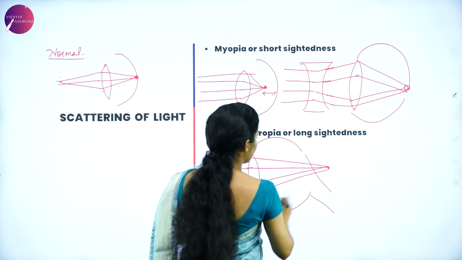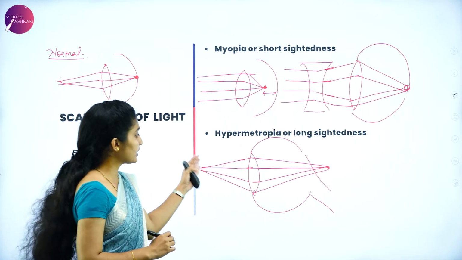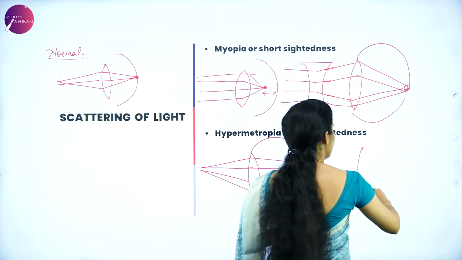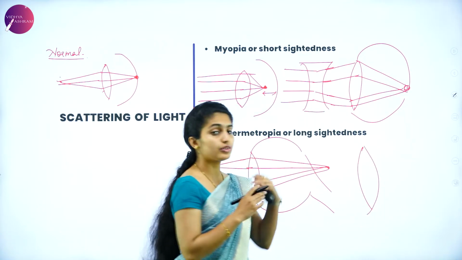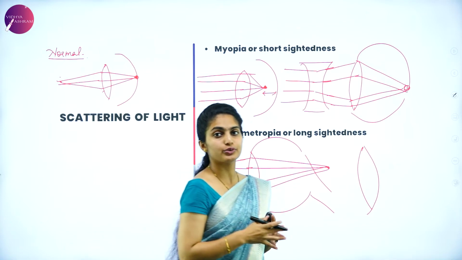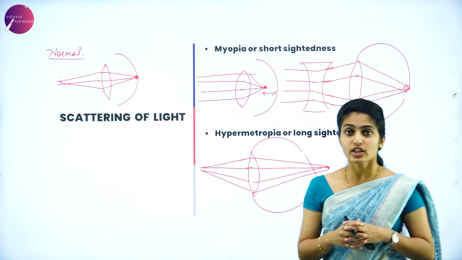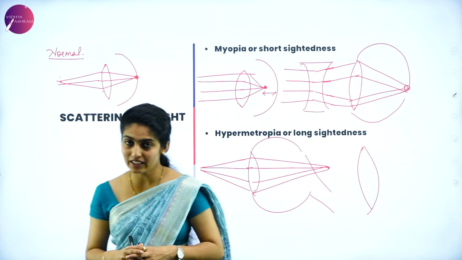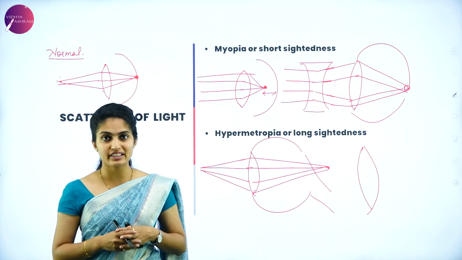It doesn't fall on the retina, because of which it has to be corrected. The correction is by using a biconvex lens. There you use a biconcave lens, here you use a biconvex lens. So when the light passes through the biconvex lens, it meets on the retina itself.